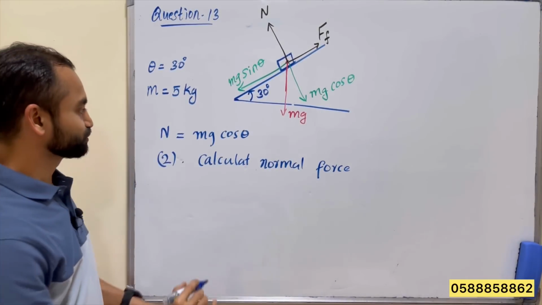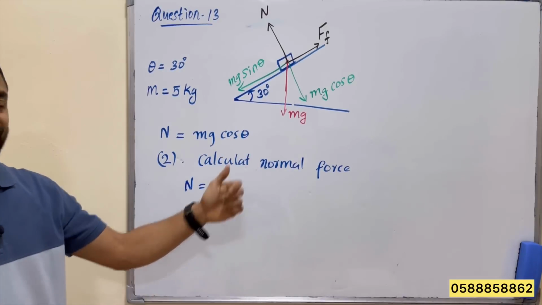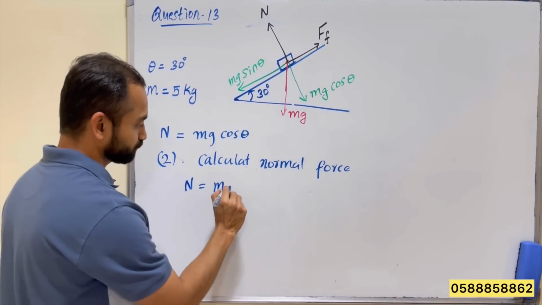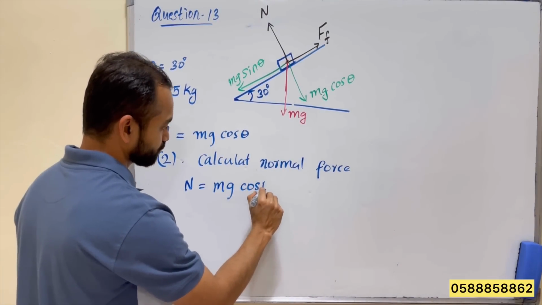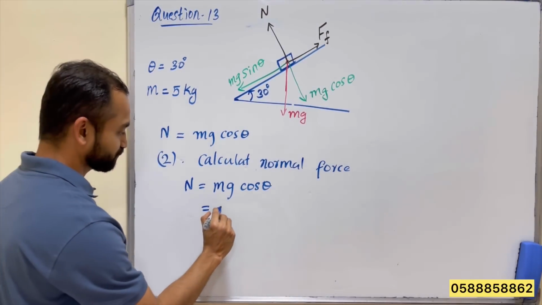How to calculate normal force? Normal force is always equal to mg cos theta. So normal force is equal to mg cos theta, which equals, what is m? Mass of the object, 5 kilogram.